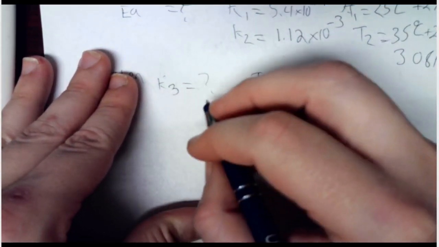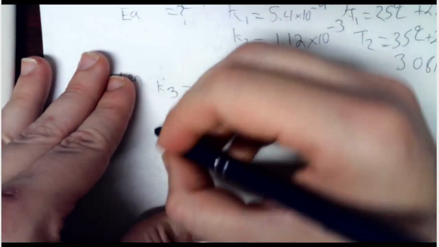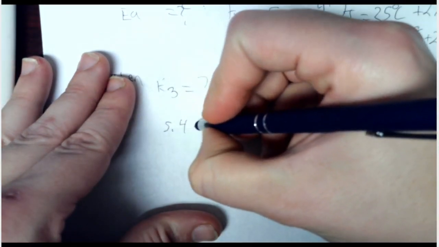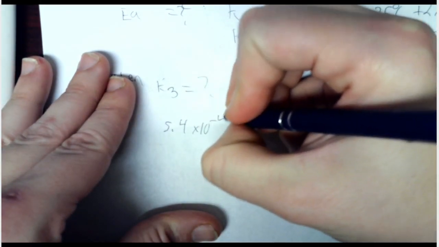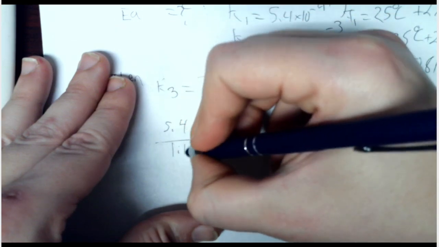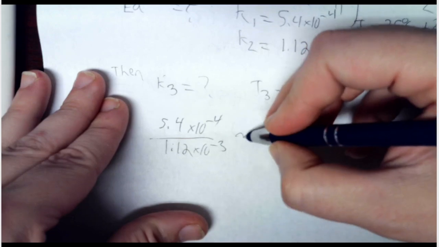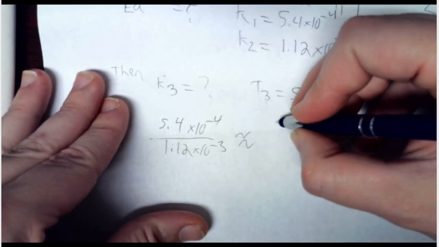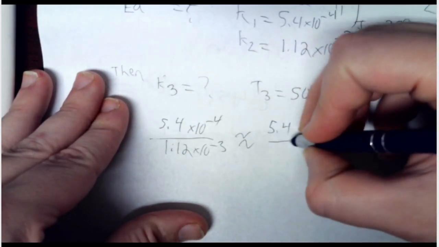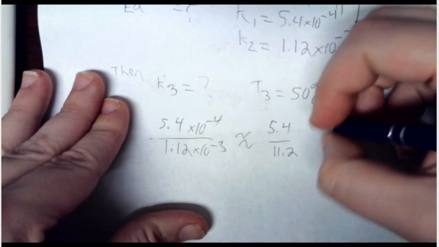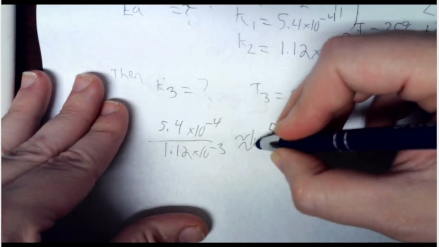Whatever K1 is and whatever T1 is, I'm going to say, okay, this guy is 5.4 times 10 to the negative fourth over 1.12 times 10 to the negative third, which is approximately 5.4 over 11.2. The 10 to the negative fourths cancel out.